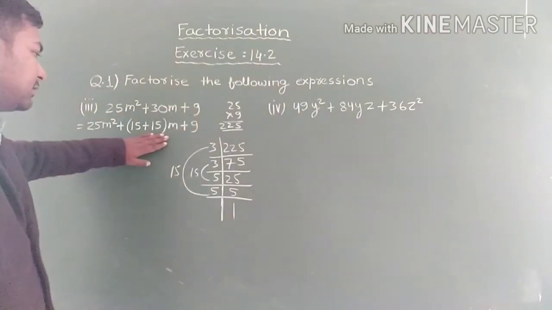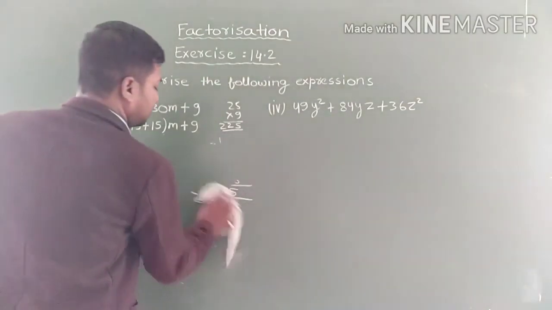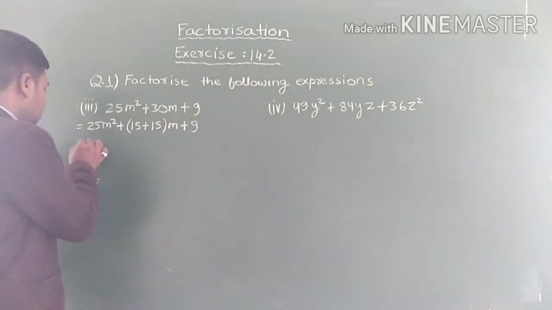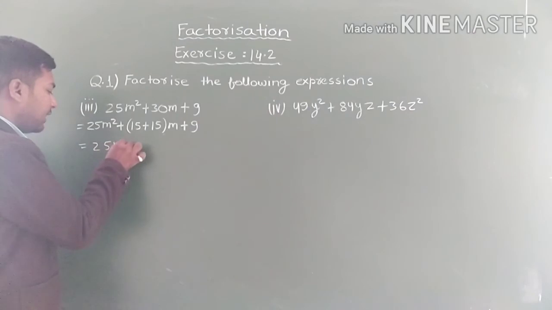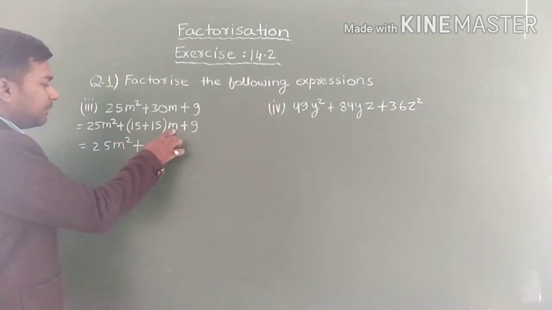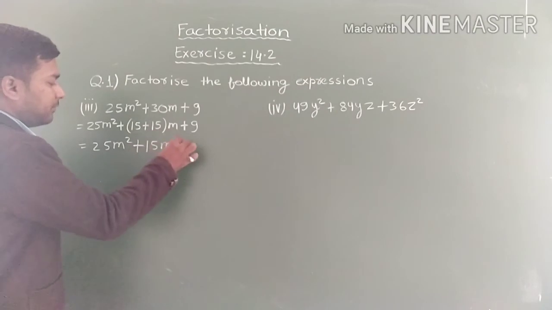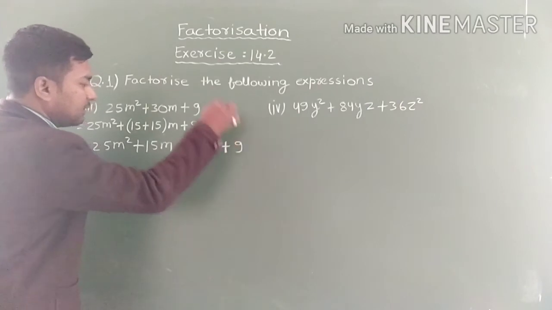This is middle term splitting. Now open the bracket, so it will be 25m square plus 15m plus 15m plus 9.